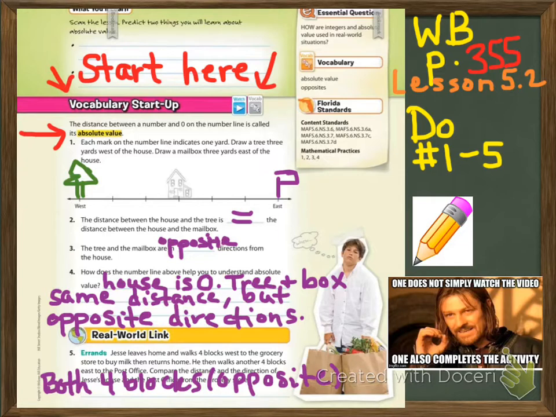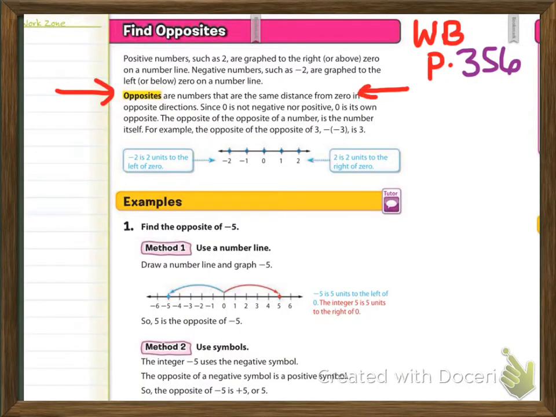What you really need to understand about absolute value we're going to continue with on the next page. So before you move on, make sure you have the correct answers on page 355, and when you're ready, move to the next page.